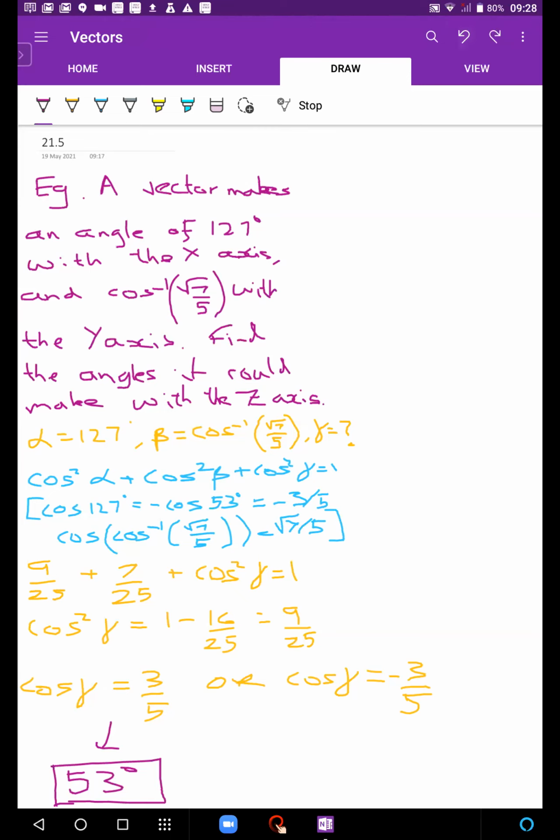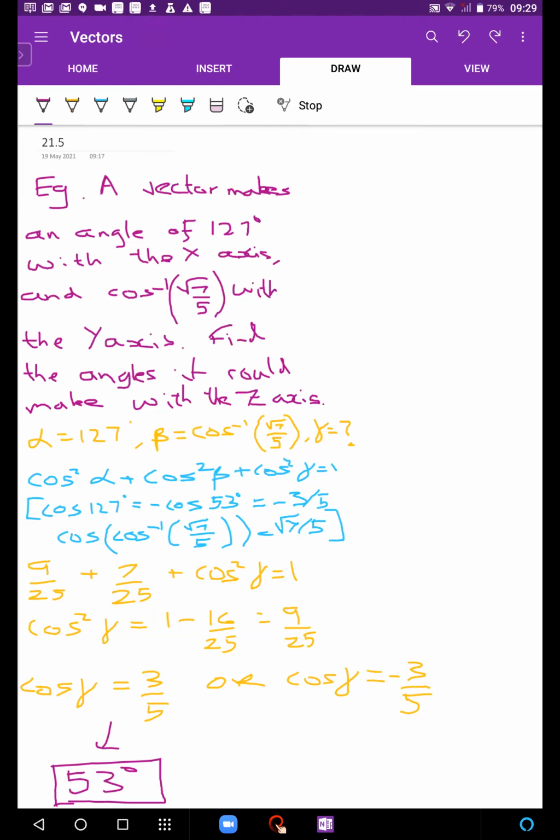Cos of cos inverse root 7 by 5 is root 7 by 5. Cos and cos inverse cancel out. They are opposite functions. Cos inverse takes root 7 by 5 inside and gives out some angle. Cos takes that same angle and gives out root 7 by 5. Cos of beta is root 7 by 5. If you square it, it becomes 7 by 25. Cos square beta is 7 by 25.